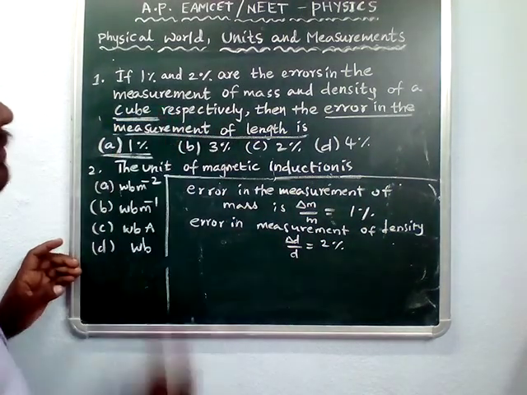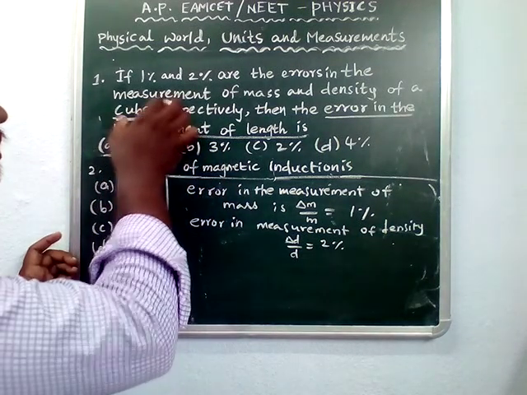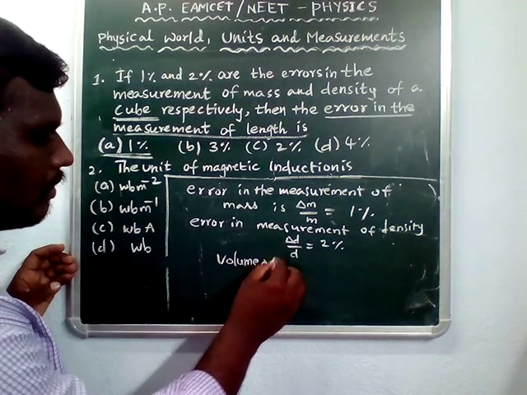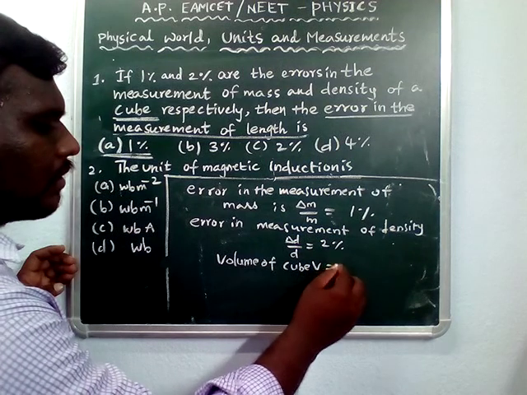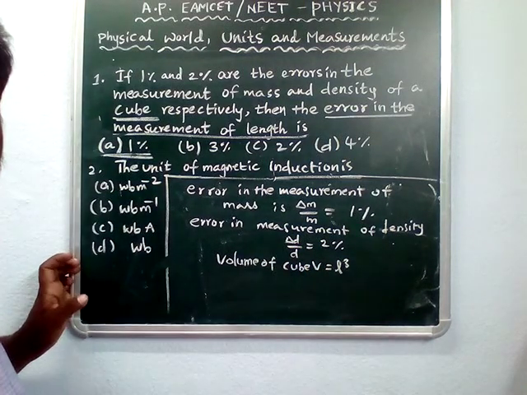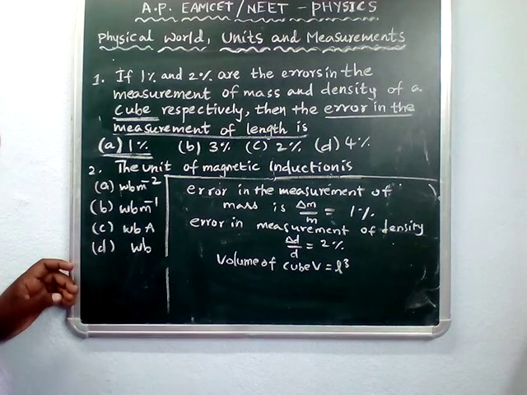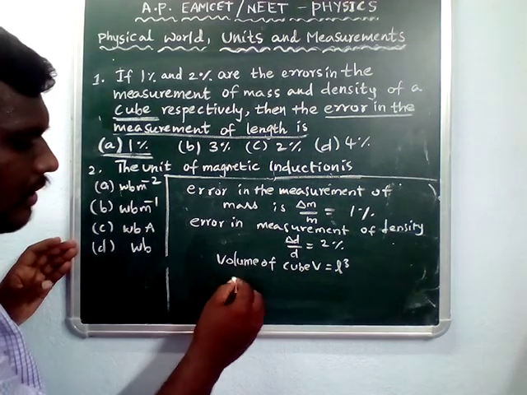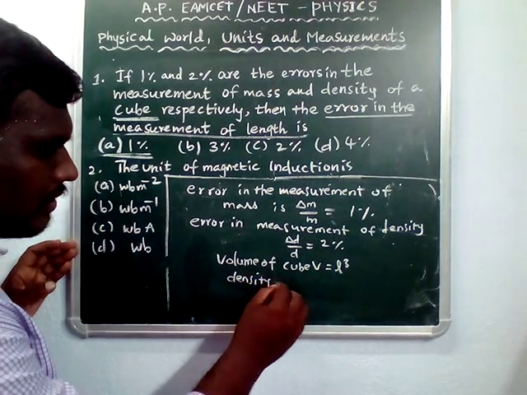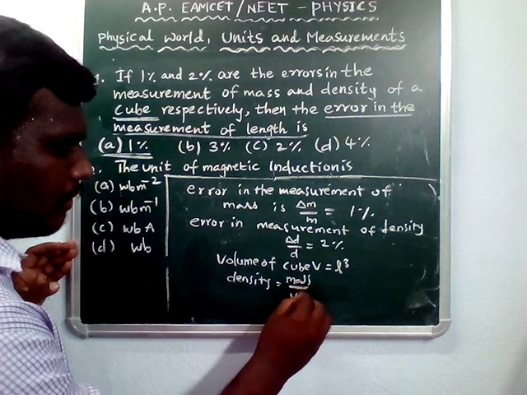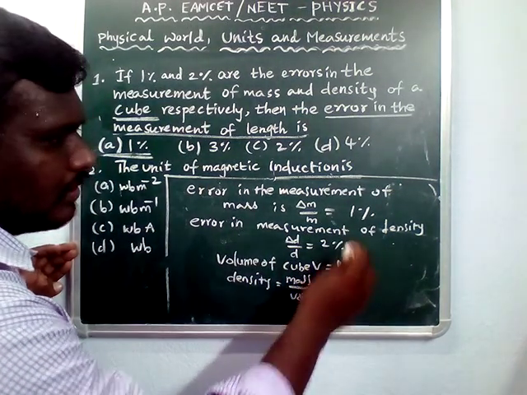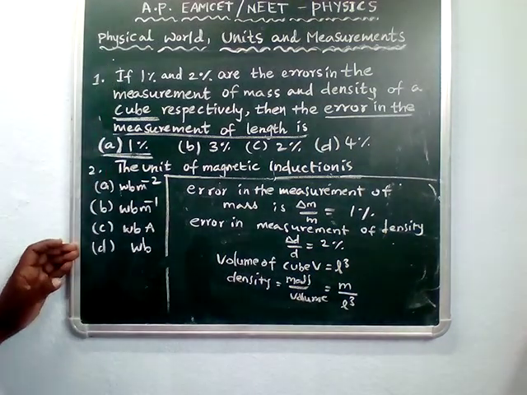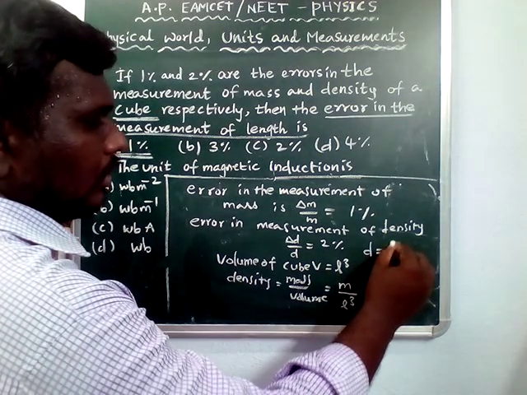Here the density of a cube is given, so the shape of the object is a cube. The volume of a cube is V is equal to L cube, side into side into side. The density is mass by volume, so D is equal to m by L cube.